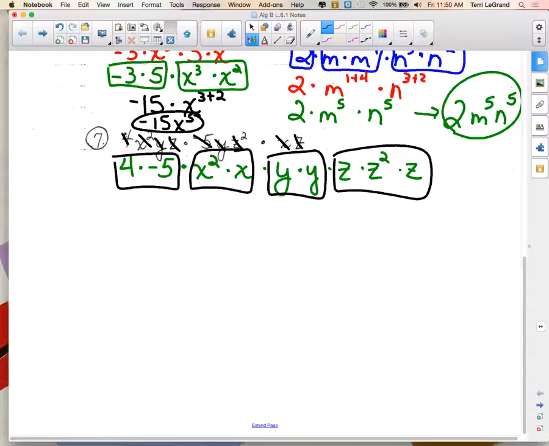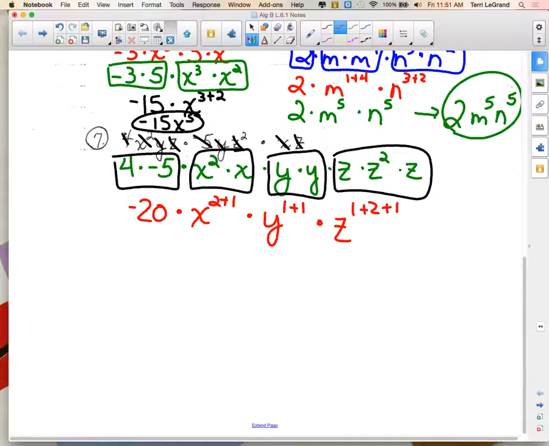Okay? And now we're ready to say 4 times negative 5 is negative 20. This is going to become x to the what power? 2 plus 1. Times y to the 1 plus 1. Times z to the 1 plus 2 plus 1.